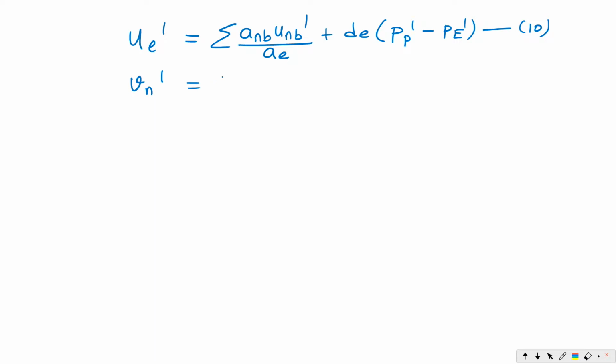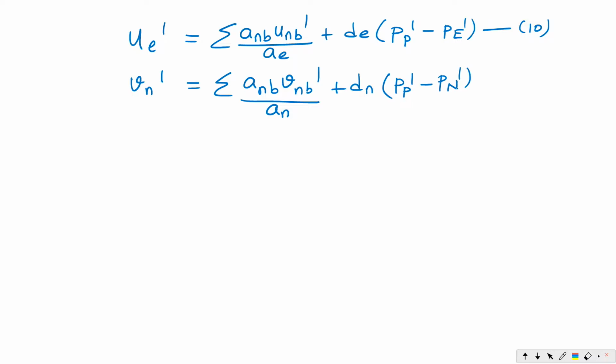Can you tell me what is Vn prime? Can you try it? Yes, it is sigma ANB VNB prime by AN plus DN of PP prime minus PN prime. So this is the velocity correction equation along the y direction, that is Vn prime. Let us call this equation number 11.